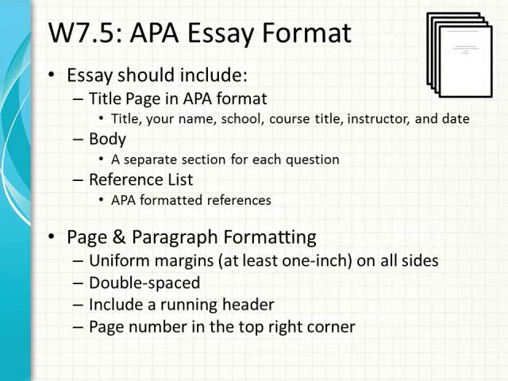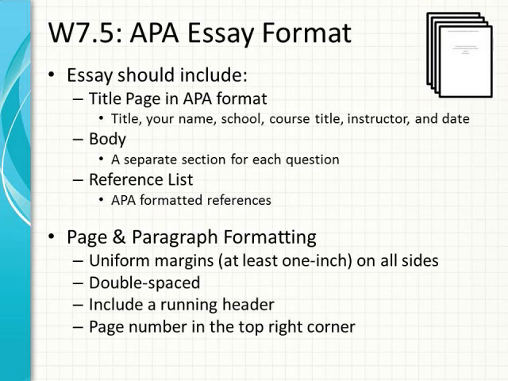Just a brief reminder about APA essay format. Each essay should include a title page in APA format with the title of your paper, your name, the school's name, a course title, my name and the date, the body, a separate section for each of those questions, and a reference list with each reference in APA format.